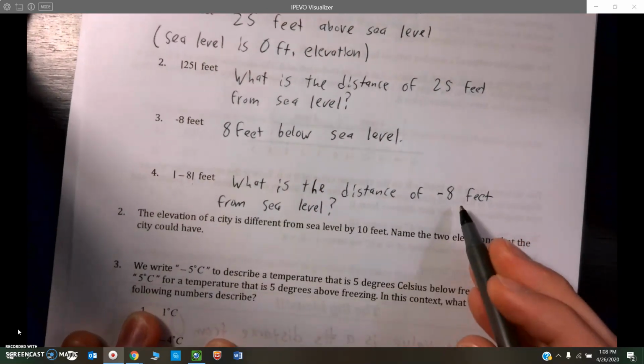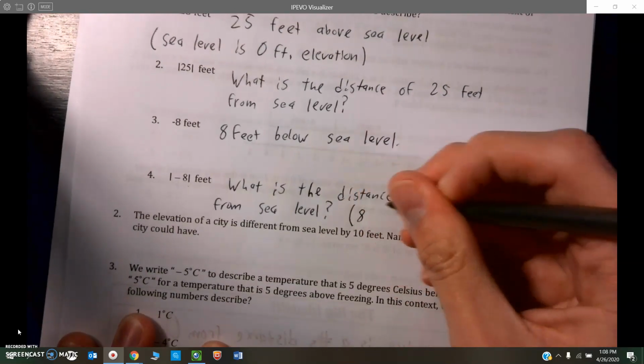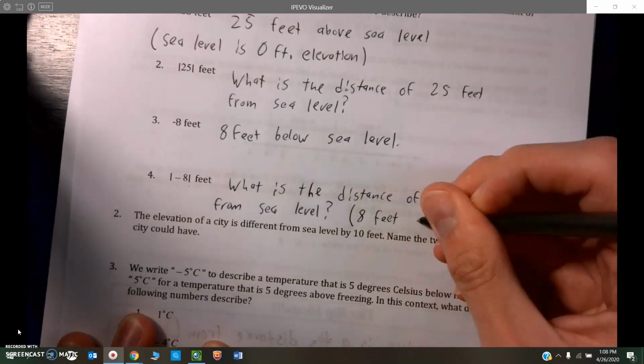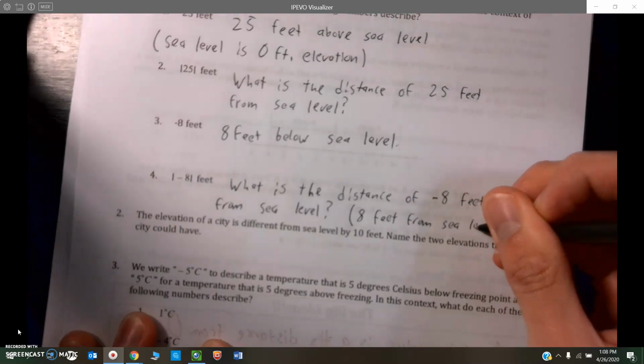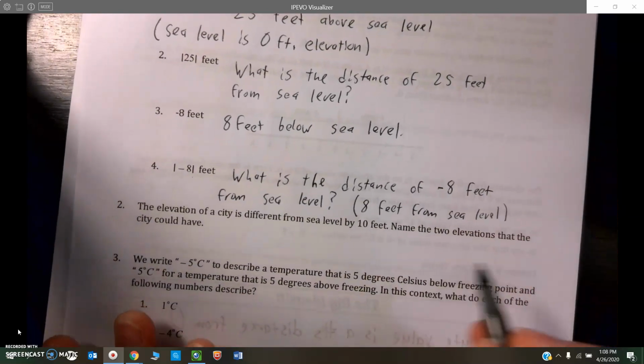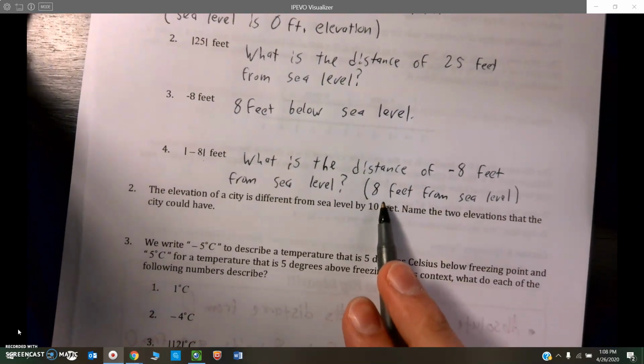Absolute value is always in the form of this question, what is the distance. It's 8 feet from sea level. It's below it, but whether it's above or below, it's always going to be 8 feet from sea level.